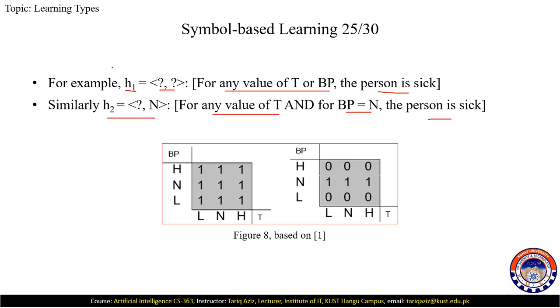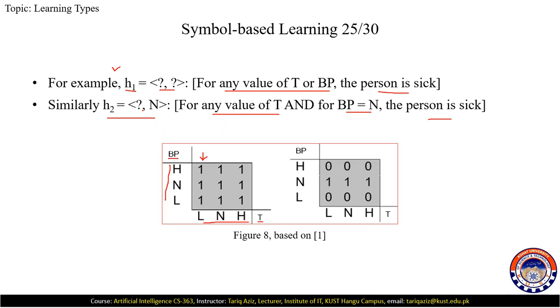So this is the first example. This is our h1. Okay, this table is our h1. Blood pressure has three values: it can be high, normal, low. Then the temperature can also be high, normal, and low. So now here both of them are the question mark, which means that for any value of temperature or blood pressure, the person is sick. So all of the values are 1.